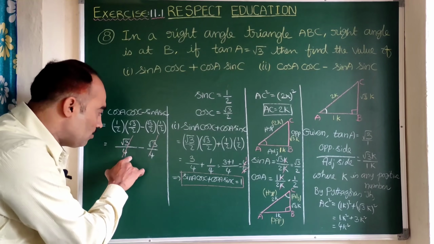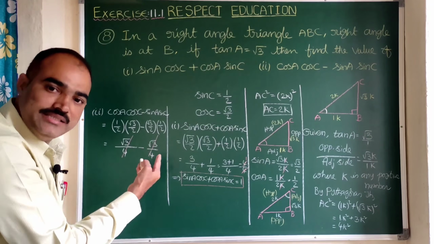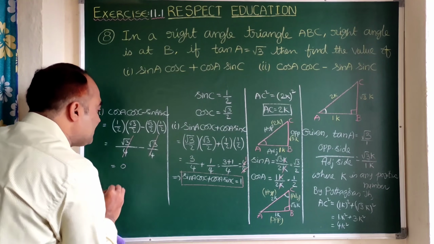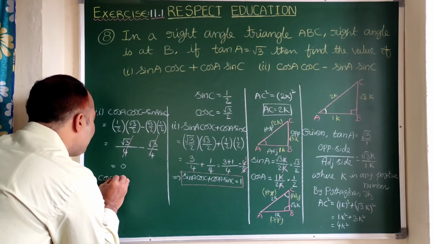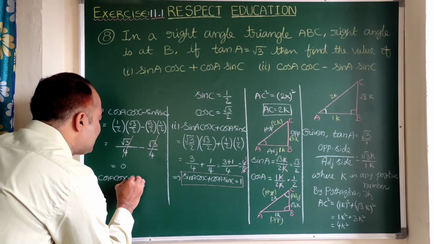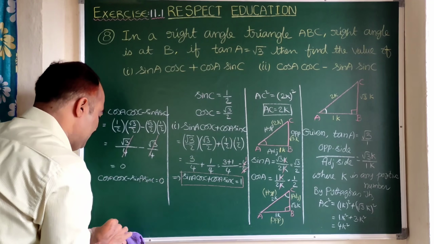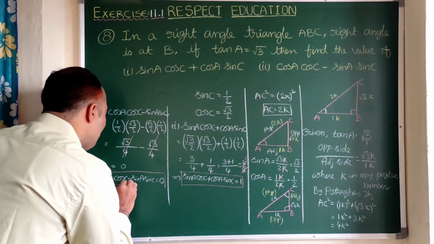In the numerator, root 3 minus root 3 is 0. 0 by 4 is 0. Anyway, if you cancel or simplify, you will get this answer as 0. So cos A cos C minus sin A sin C is 0. With this the second bit is also completed.